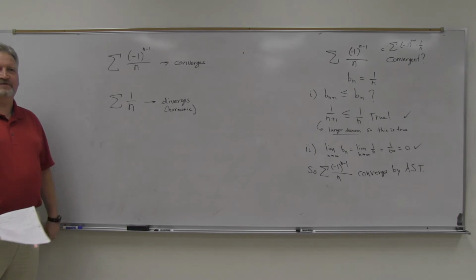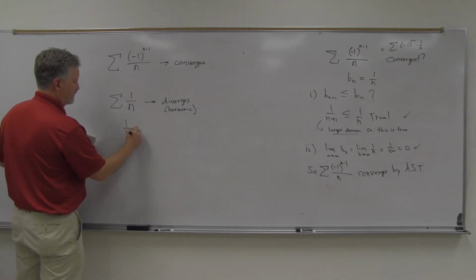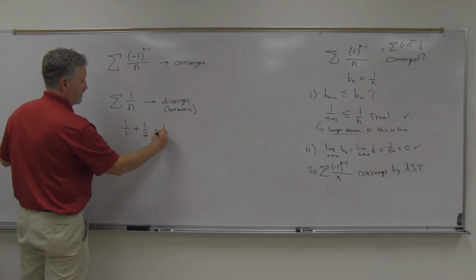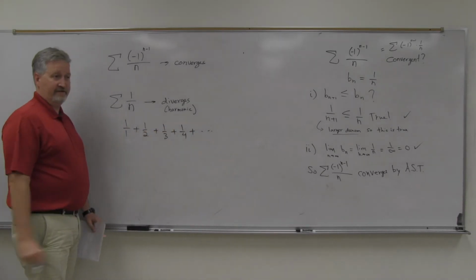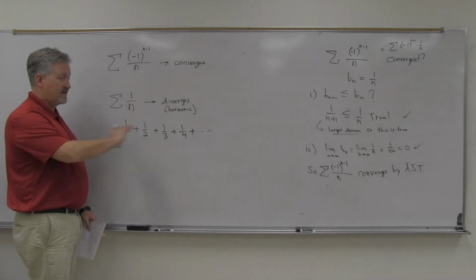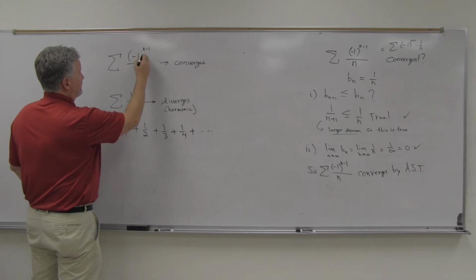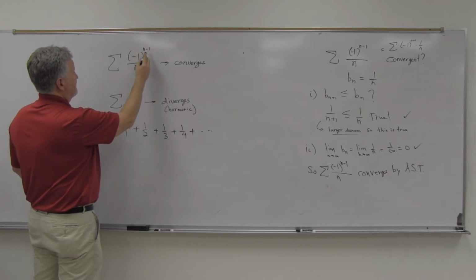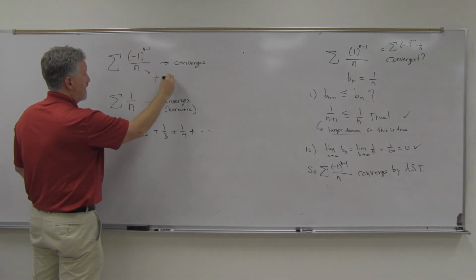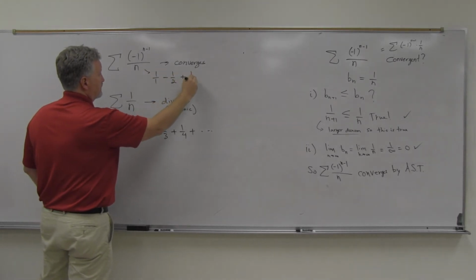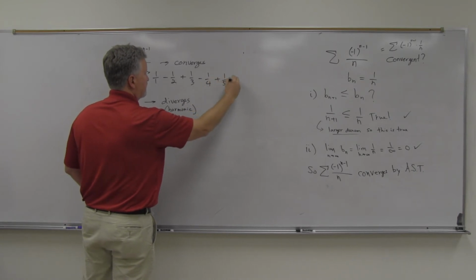So that's just kind of interesting to know. If you just add up 1 over 1, 1/2, 1/3, 1/4, you can't do that infinitely. That diverges. You can't add those together. However, if I go, this one would start positive, so it'd be 1 over 1 minus 1 over 2 plus 1 over 3 minus 1 over 4 plus, and so on.